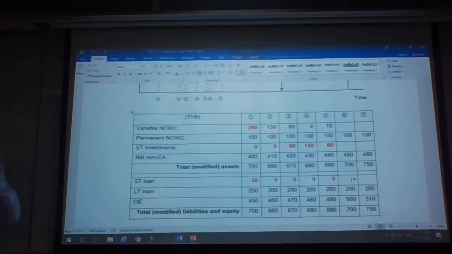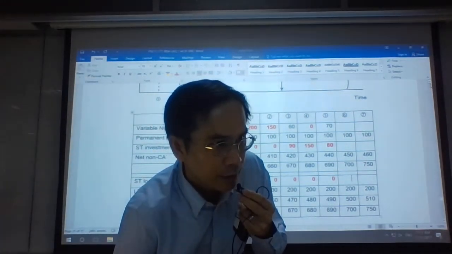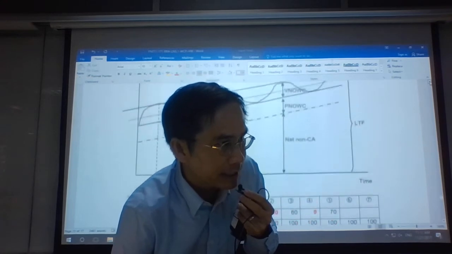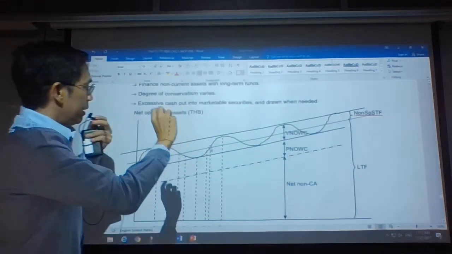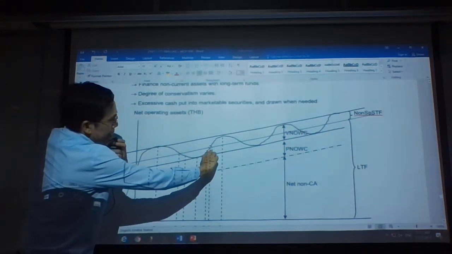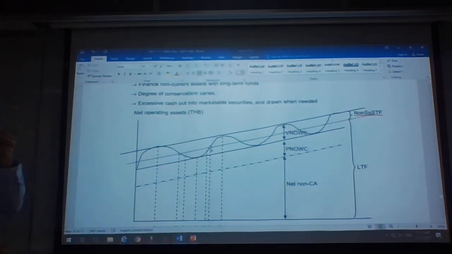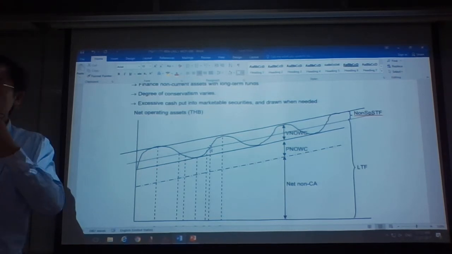Point 6. You are going to deplete marketable securities here. Look at point 6 here. You still need some cash for investments in variable net operating working capital. But you don't need to go and borrow short-term from a bank.